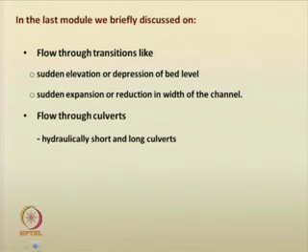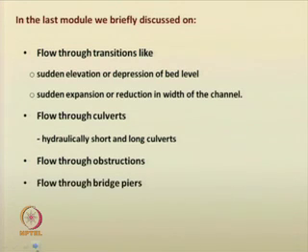We have studied hydraulically short and hydraulically long culverts. Then we discussed flow through obstructions. There are various obstructions that we have discussed. Flow through bridge piers was also briefly discussed. Then we also discussed flow through junctions, how the open channel flow behaves in junctions.